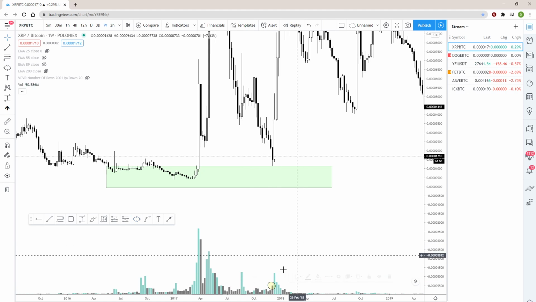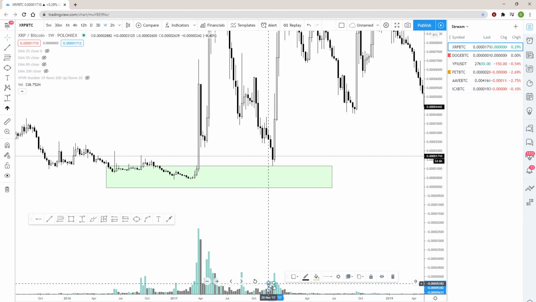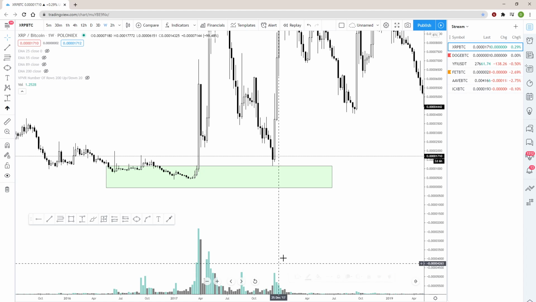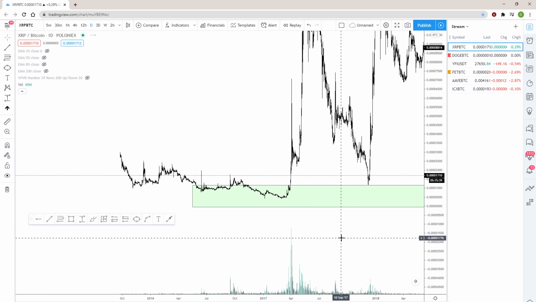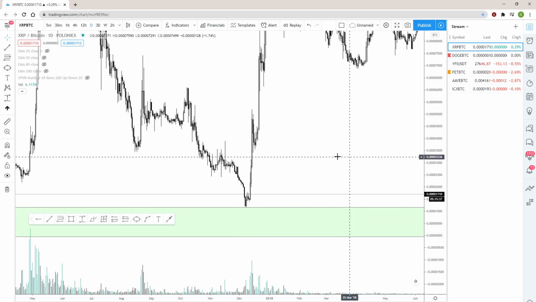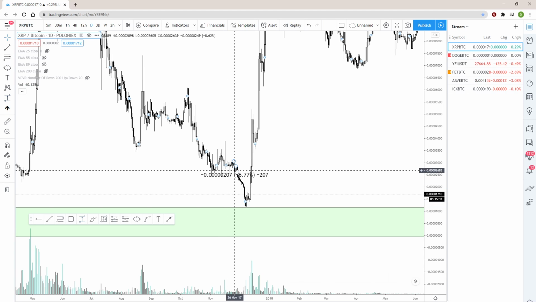This is higher sell volume on the weekly than it's been for 6 months or something like that. So what you're basically looking for in these situations is very big sell volume. You're looking for extreme price action to the downside.